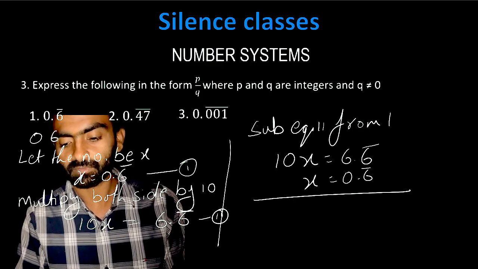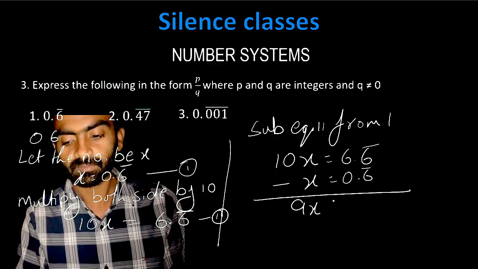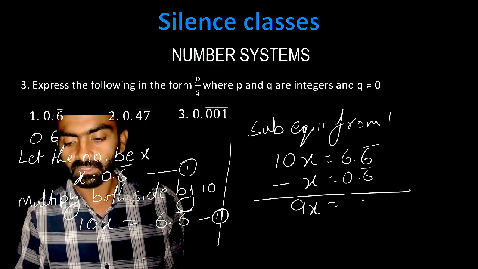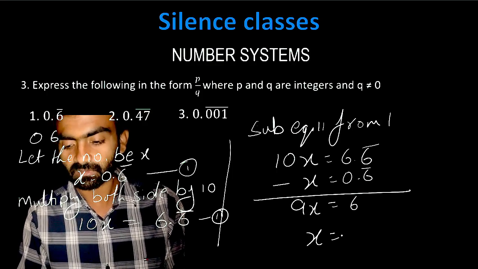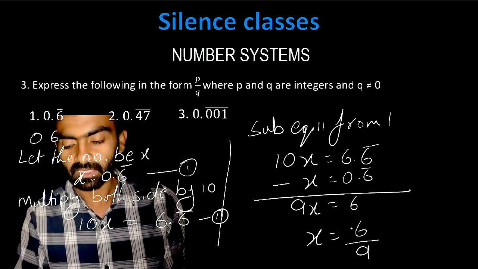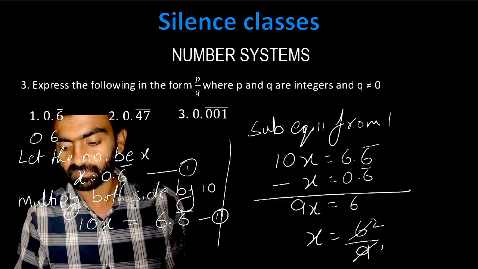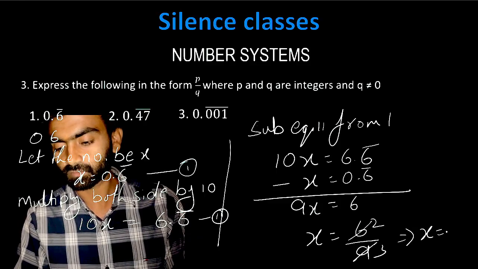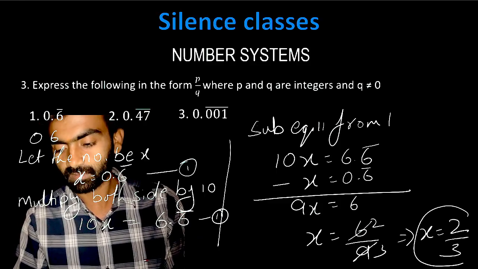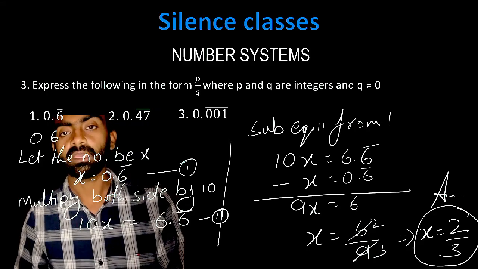We can put the bar, and it will become 9x is equal to 6. So x is equal to 6 upon 9, and we can cancel by 3: 3 twos are 6 and 3 threes are 9. So x is equal to 2 upon 3, and this is the answer.